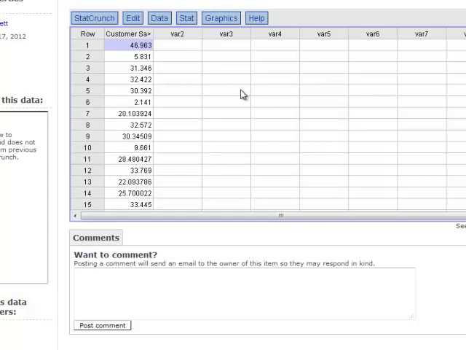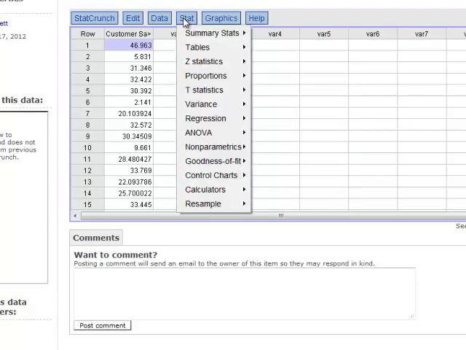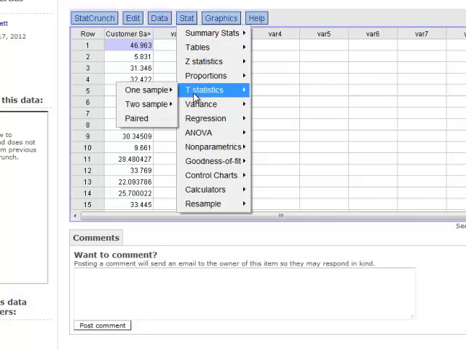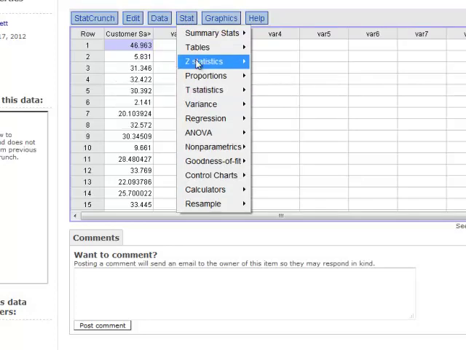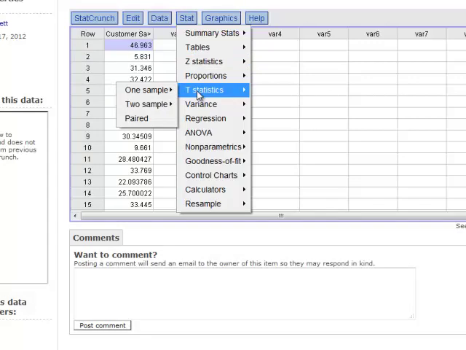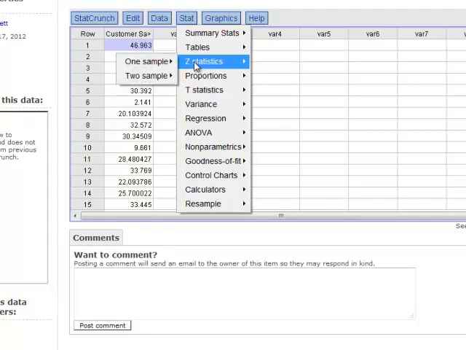Now, one other thing that you'll notice is under Stat, you have, in addition to T statistics for finding a confidence interval, you also have Z statistics for finding a confidence interval. The steps are nearly identical. You still have the one sample with data or with summary. So why would we choose to use a t-statistic for a confidence interval versus a z-statistic for a confidence interval?